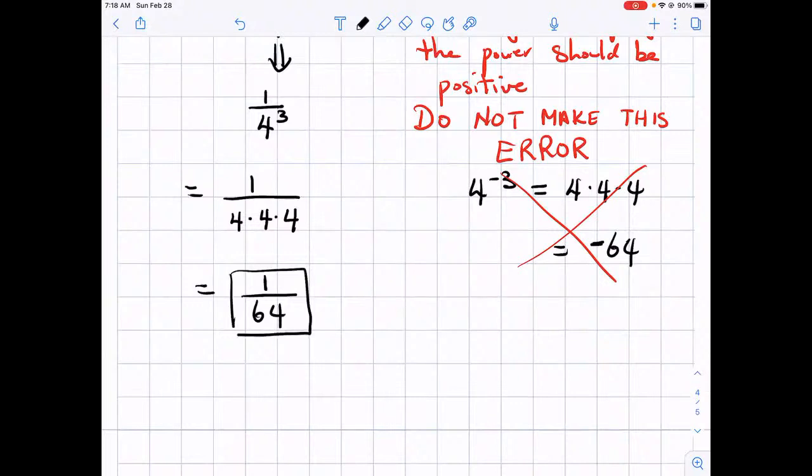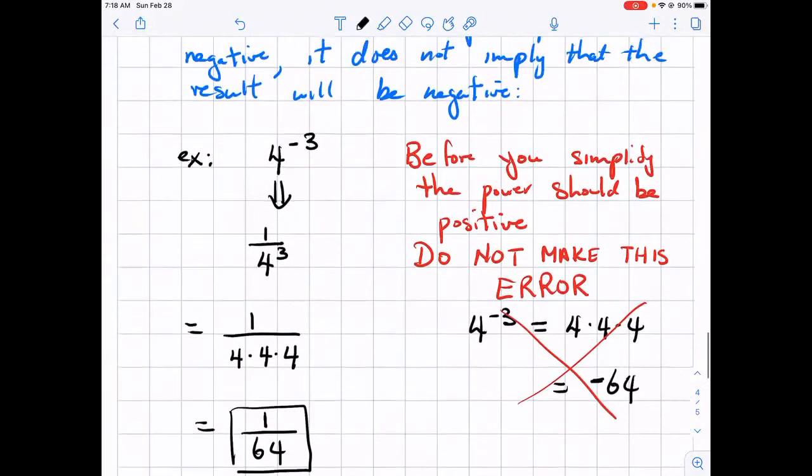This is the correct answer. So be very careful with the negative powers. Be extremely careful.